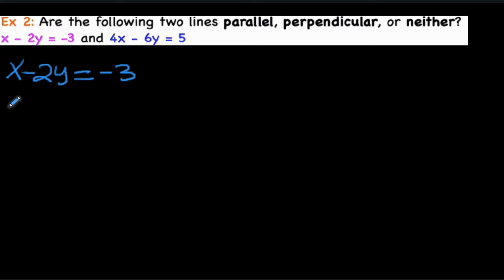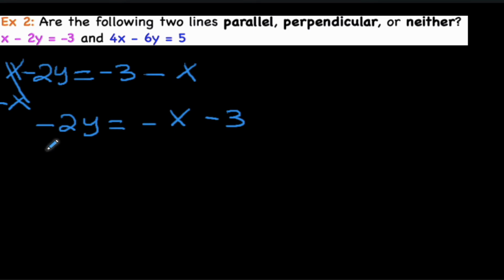So we're going to subtract x on both sides. So we have negative 2y equals negative x minus 3. Okay, so we're going to divide by the coefficient on y, which is negative 2.